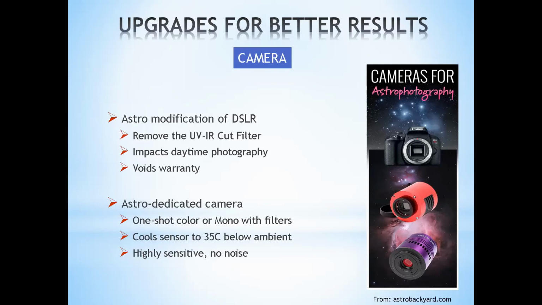Or you can get a dedicated astro camera, which is one of these, one-shot color or mono. There's cooling in these, which cools it to 35 Celsius below ambient. So if you're sitting at 35 degrees, it'll cool it down to 0. And what that does is it eliminates the noise in the sensor completely.